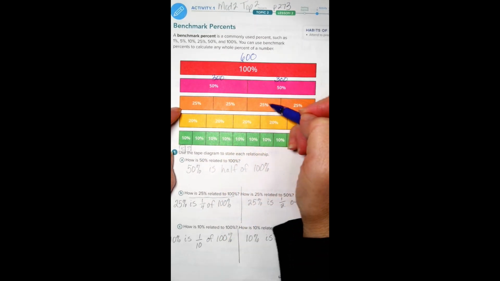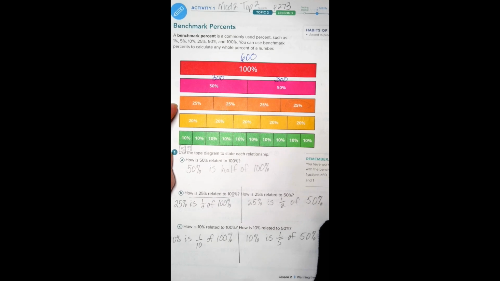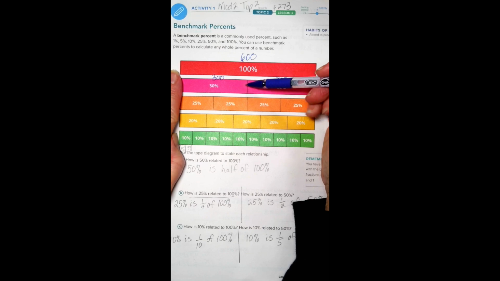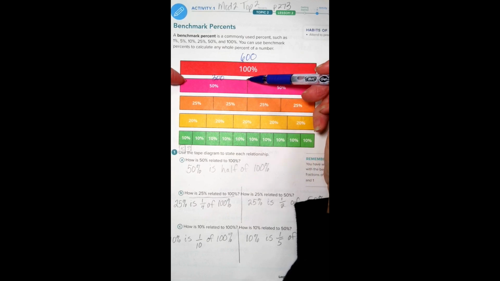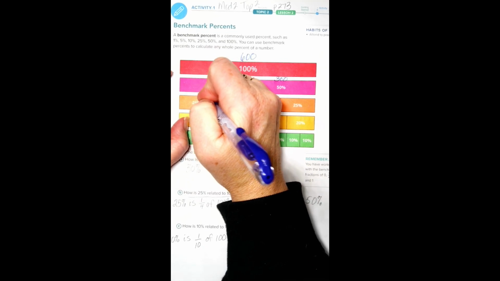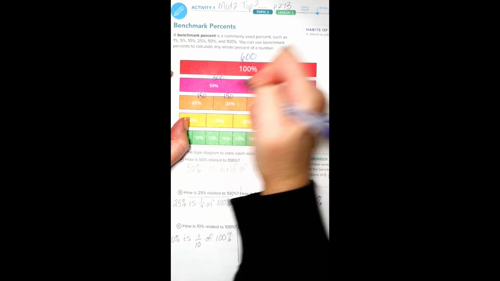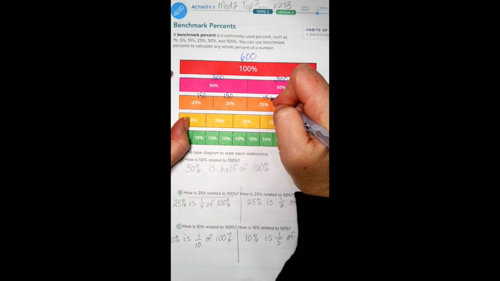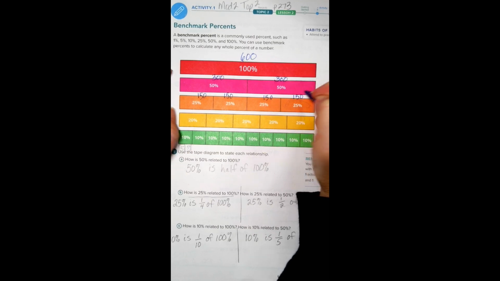So what would each of the 25% need to be for us to have a total of 600 when we get all the way across here? If we look at the 50%, we know this is 300 from here to here, so each of these would have to be 150. That'll continue all the way across.